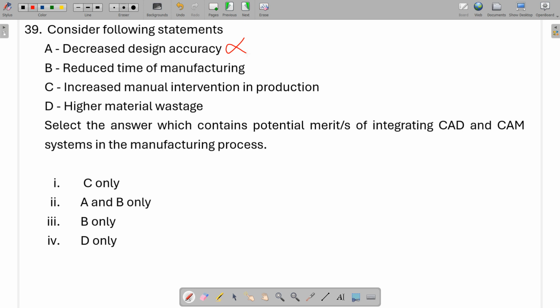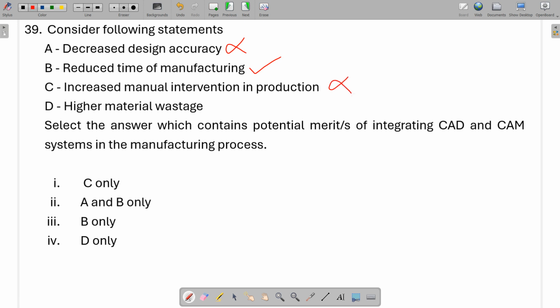Reduce time of manufacturing. Yes, that is going to be a merit, because the manufacturing time will be reduced. That means the production will be done in a much more efficient manner. Increase manual intervention in the production. When computing is involved, manual intervention will be decreased, not increased. So increase means it is wrong.